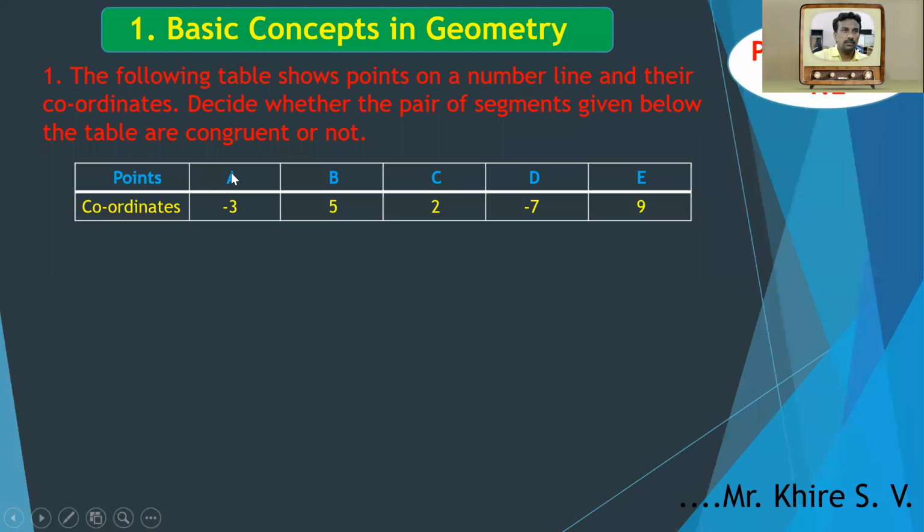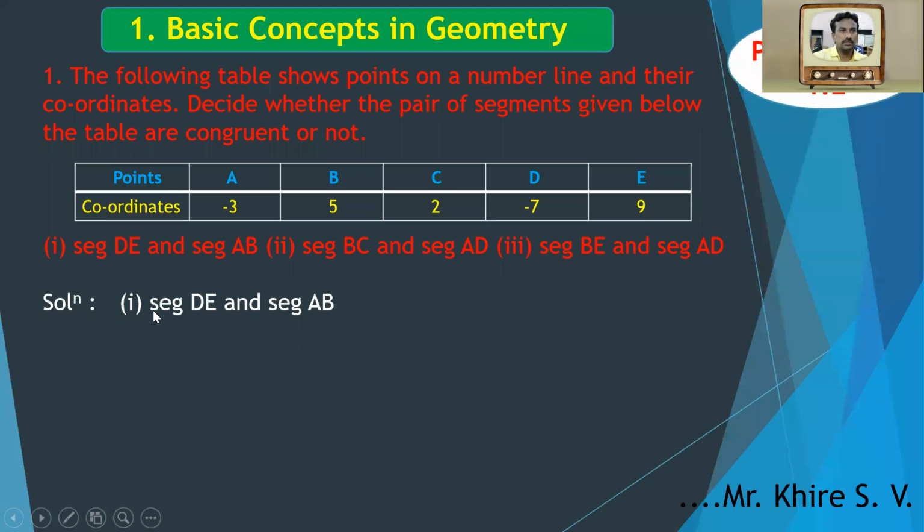The coordinate of point A is -3, coordinate of point B is 5, the coordinate of point C is 2, coordinate of point D is -7 and the coordinate of E is 9. We have to decide whether the given segments are congruent or not: segment DE and segment AB, segment BC and segment AD, segment BE and segment AD.